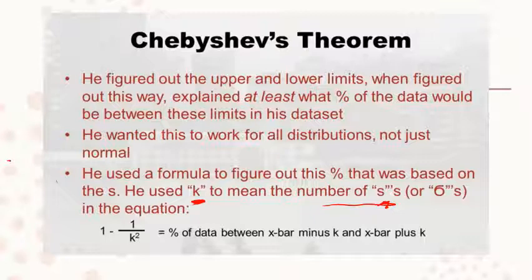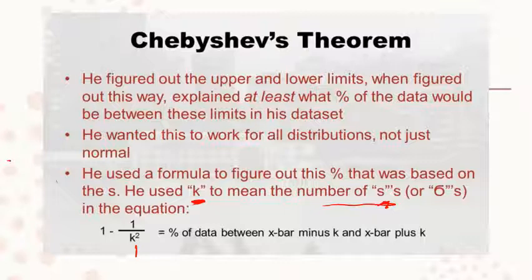Okay, so what he did was K is going to equal the number of standard deviations that we're going to use. Basically this equation is 1 minus 1 divided by K squared.